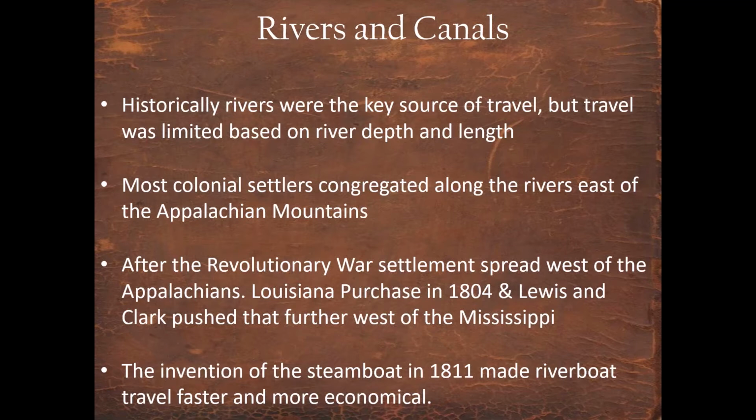If you had flooding or rapids, you would have to come out of the river, carry your goods across land, and then get back in the river. That's why so many settlers lived near the rivers or the eastern seaboard, because there were spots of the country, the Potomac River is a good example, where it was too shallow or too dangerous to take river transportation past that point.